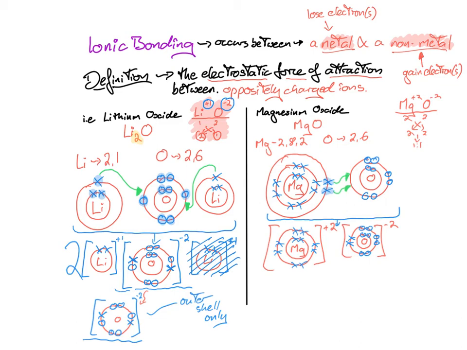As you can see here, I have left in the inner shells. If you were asked to show the ions with just the outer shells as before, you would leave out anything other than the shells round the outside. Now, you may sometimes be asked to describe this process in words. So, let's have a look and see what happens. The magnesium has fully transferred 2 electrons to the oxygen, leaving 1 Mg2+ ion and 1 O2- ion.